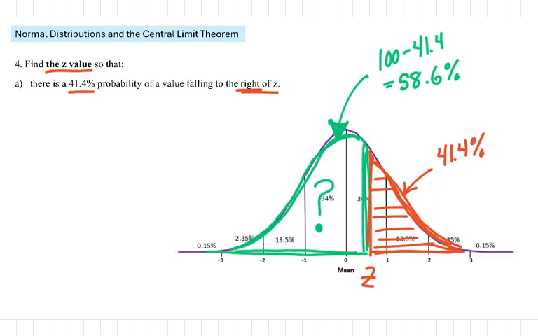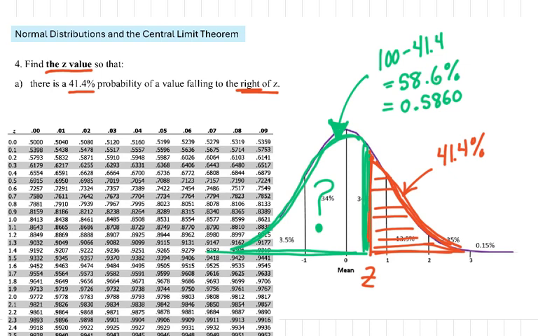And we use the left on the z-tables because that's what the z-tables measure. So actually what we're going to be doing is looking on the z-table for a number, and I'm going to use the positive z-table, I can tell from my picture, but I need a number that looks like 0.5860, as close as we can get. So I pulled up the z-table, 0.5860, it looks to me like it would be somewhere right about there.